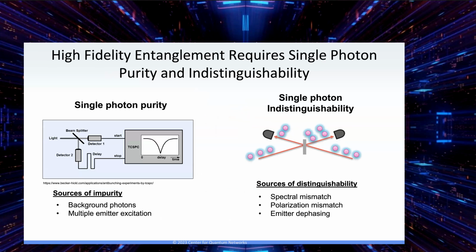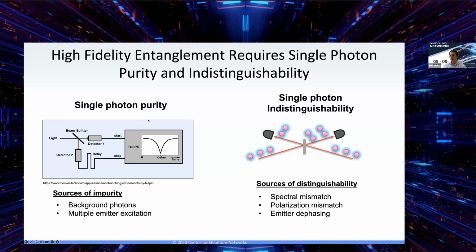I was premature. Okay, so now we know the strategy for exchanging entanglement between qubits in a network. We're going to create spin-photon entanglement and use those photons to distribute entanglement between the qubits using Hong-Ou-Mandel interference. For that to work, the emitter, the qubit, or the source of photons has to have high purity and high indistinguishability.